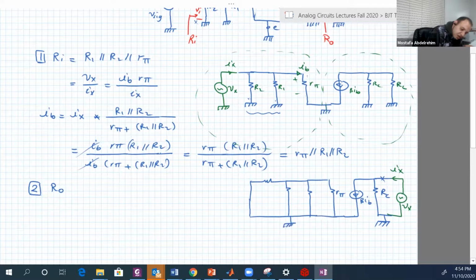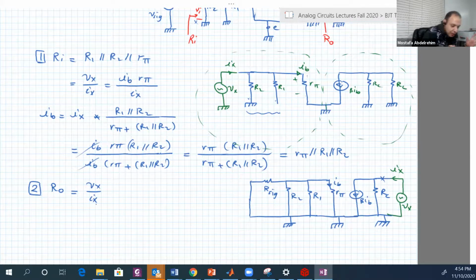Of course, everything here is connected to ground, so we can connect them. So R1, R2, here is our signal. Here is IB. RO is Vx over Ix. But we need to know what IB is exactly.